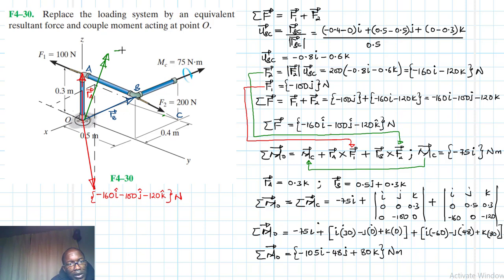So we have minus 105 I minus 48 J plus 80 K, Newton meters. Right, I think this is about it.